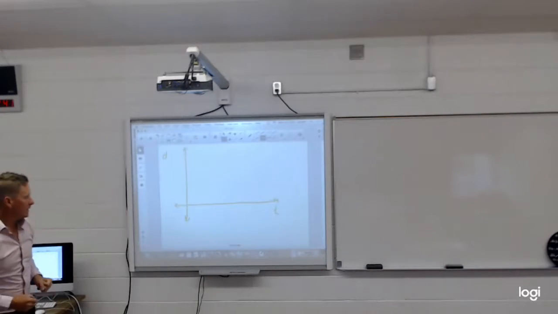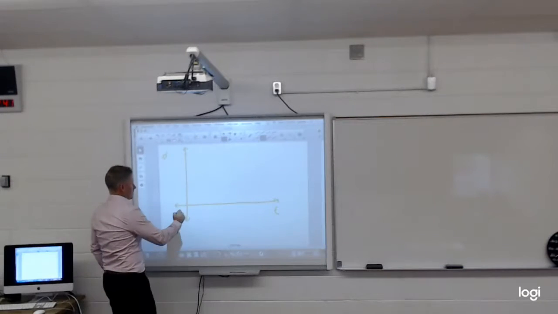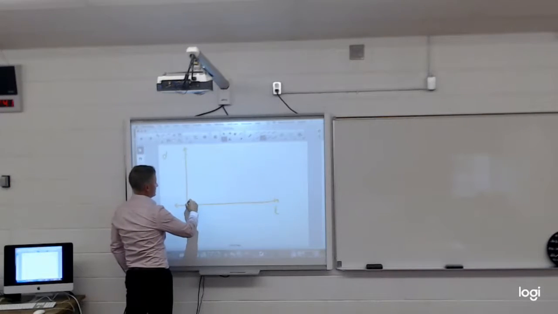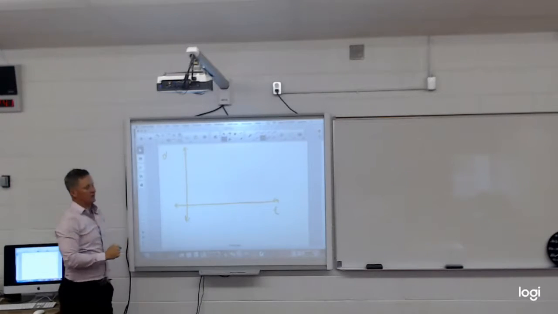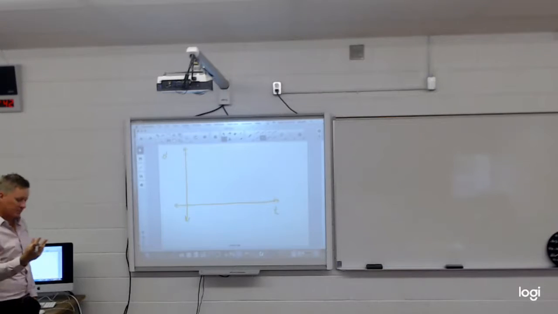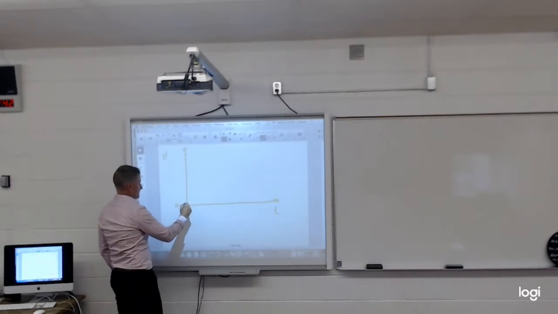I kind of messed this up a bit, but anyways, this is how it's going to look. I kind of botched this example. Hold on, let me think this through. I want to do this so it makes more sense to you.